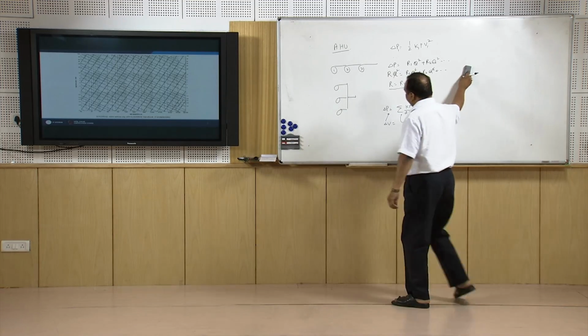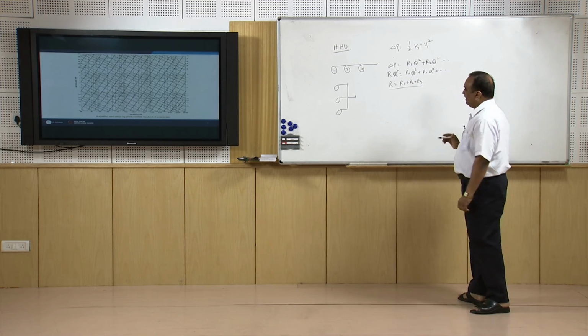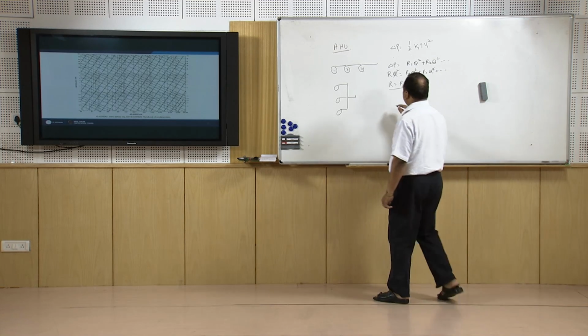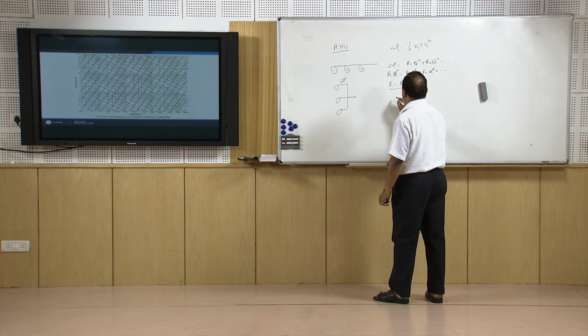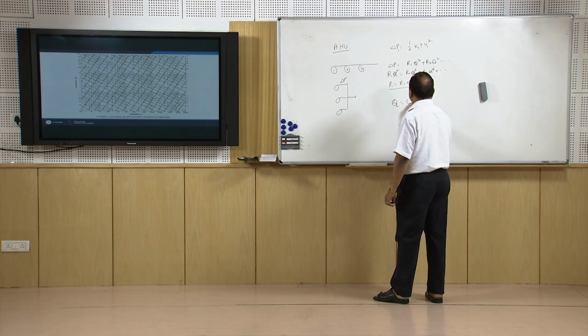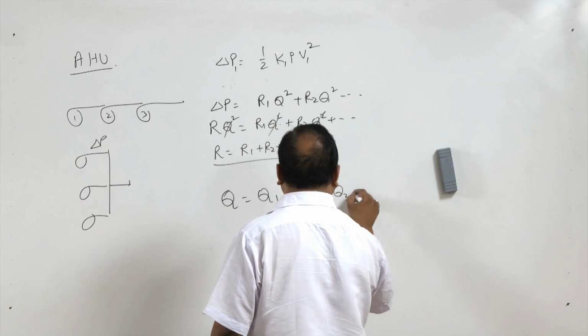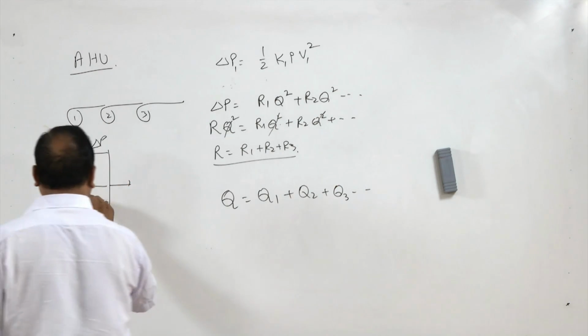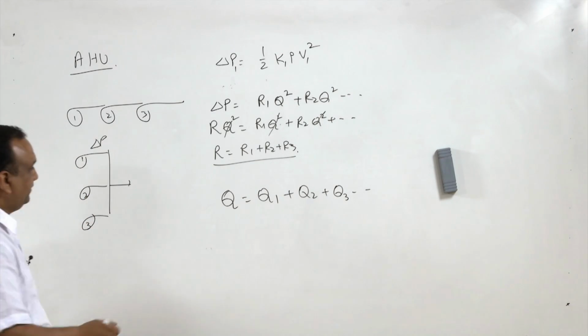Now suppose fans are connected in parallel. In that case delta P is going to remain constant and Q is equal to Q1 plus Q2 plus Q3 and so on, and it can go up to n.